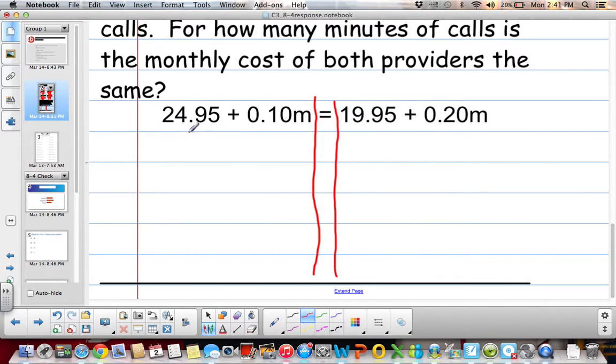So we have $24.95 plus 10 cents per minute equals $19.95 plus 20 cents per minute. So I'm going to subtract $19.95 on both sides.